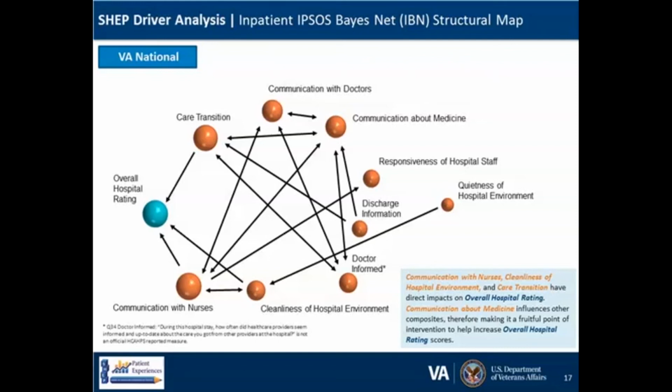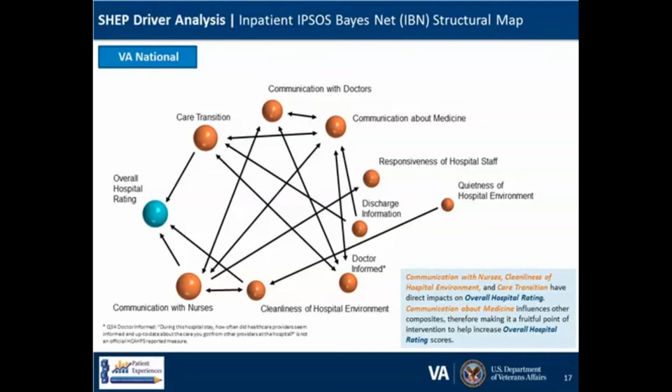Communication with doctors conversely impacts communication with nurses. Wherever there are arrows on each end of those lines, they show you which metrics impact the overall hospital rating, but also how they influence some of the other metrics that we're measuring here too.